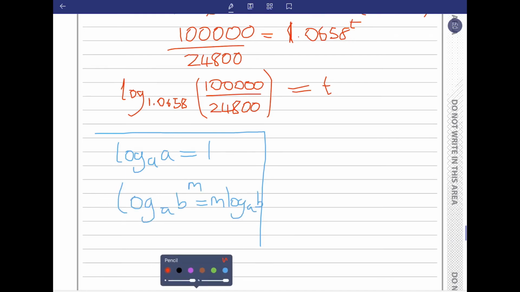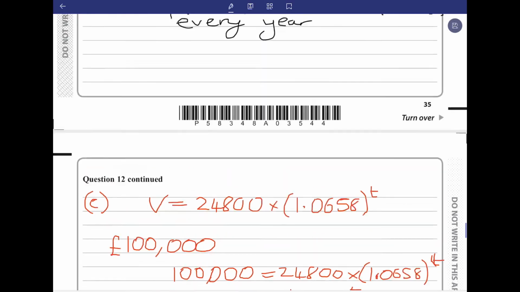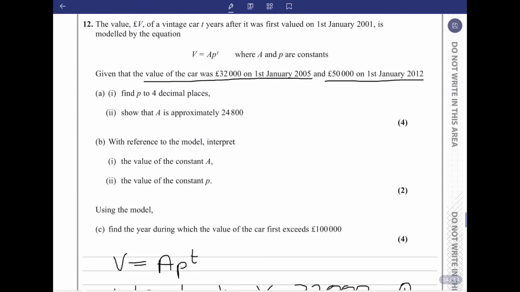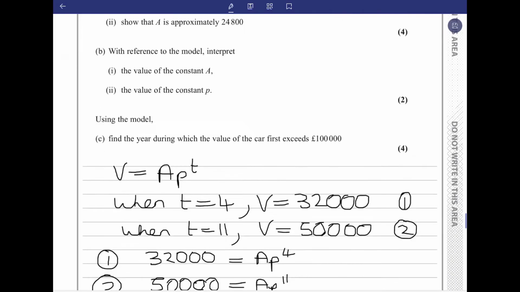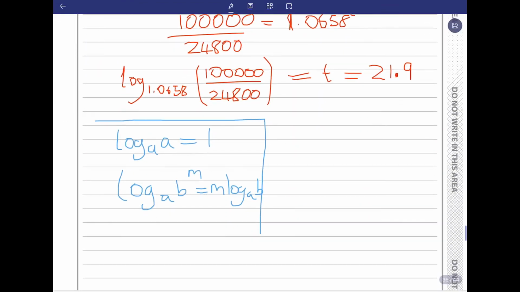And now all we've got to do is plug this into our calculator and we get the answer. T is 21.9. Now remember I said that this isn't the final answer. So what we actually have to do is convert this into years. So it's 21.9 years. And then looking at the question, this car started in 2001. So adding on those 21.9 years, we're going to end up in the year 2022.